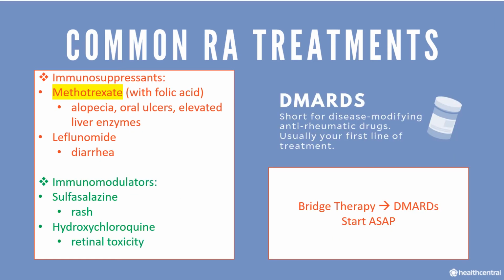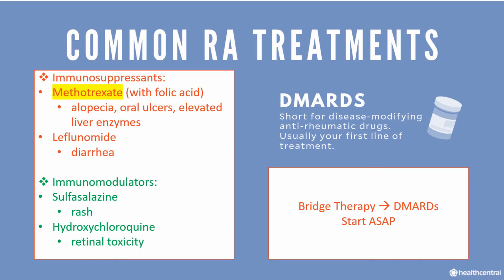Now, these are some of the common rheumatoid arthritis treatments that should be kept in mind. So when you diagnose a person with rheumatoid arthritis, you initially try to decrease inflammation burden by giving bridge therapy. That would be NSAIDs and/or prednisone. At the same time, you start DMARDs. DMARDs are disease-modifying anti-rheumatic drugs, which are usually the first line of treatment.